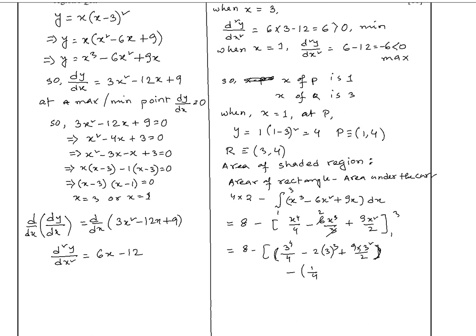So we can write 1 by 4 minus 2 times 1 plus 9 by 2. Now let's use the calculator. I'm using the calculator, so our value will be 4. So the area of the shaded region will be 8 minus 4, that is 4 units squared.